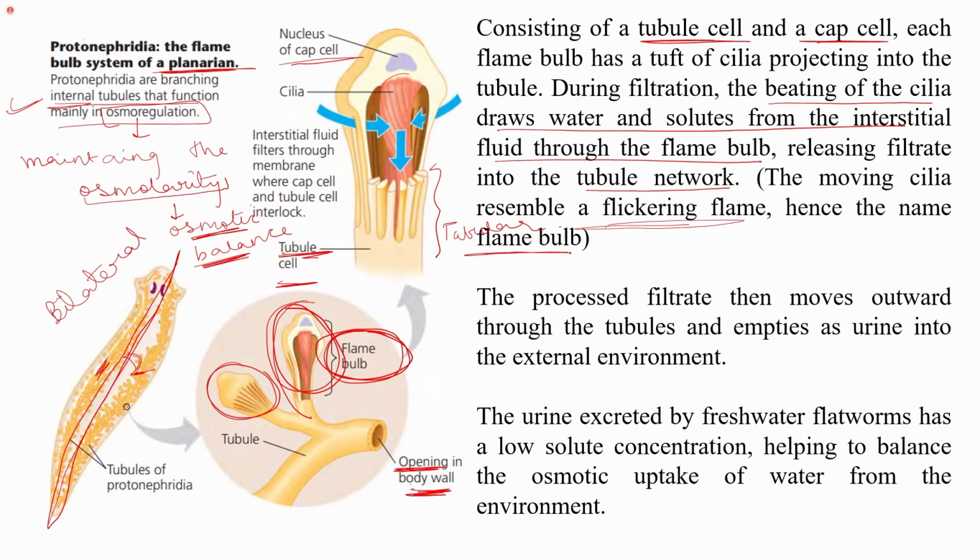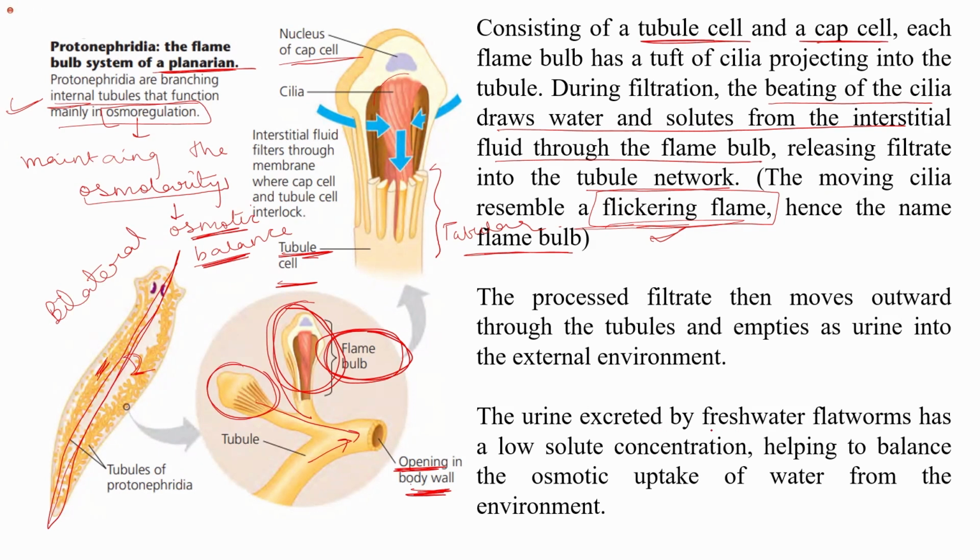So why is this called a flame bulb? Because the beating of the cilia resembles a flickering flame. When you understand the reason behind the naming, you will remember it forever. The processed filtrate then moves outward through the tubules and empties as urine into the external environment.